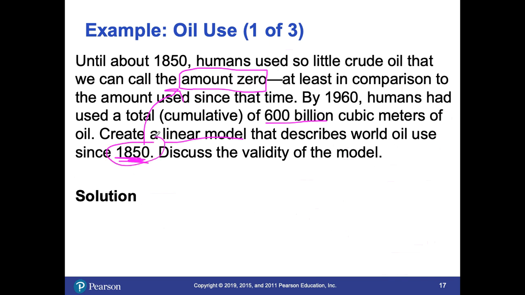So I think it's fair to say that our first point is 1850, our independent year, and because of the year, we are using basically no oil at all. That said, now we look at what's going on in 1960. So that gives us our second point.